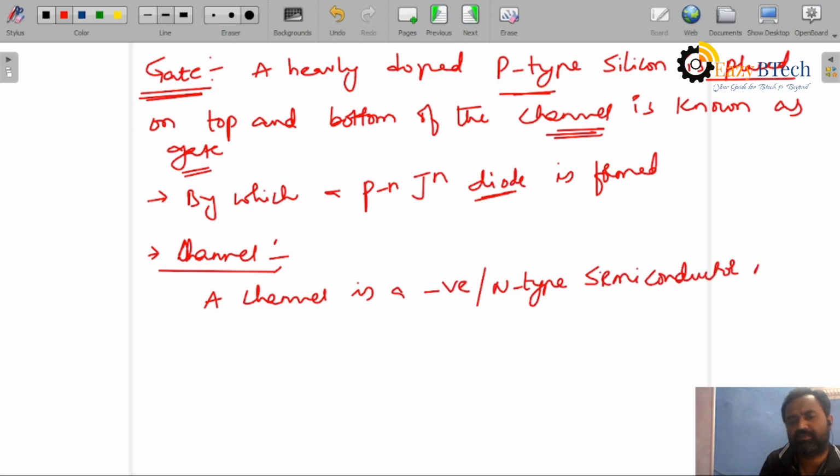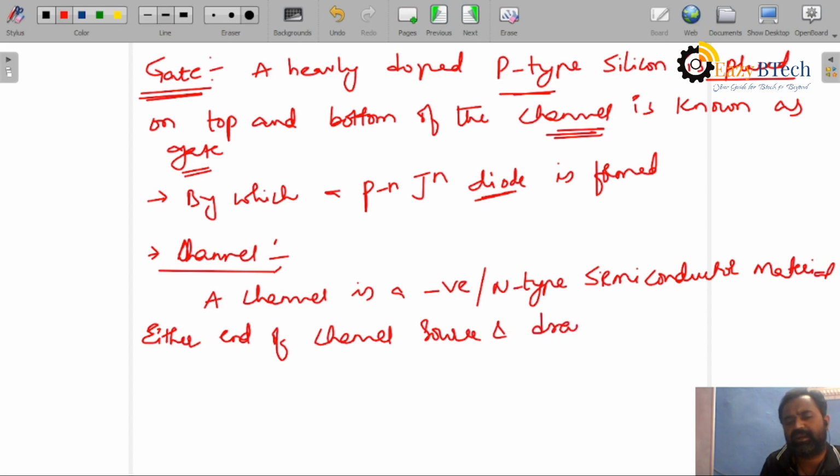At either end of the channel, source and drain are connected.